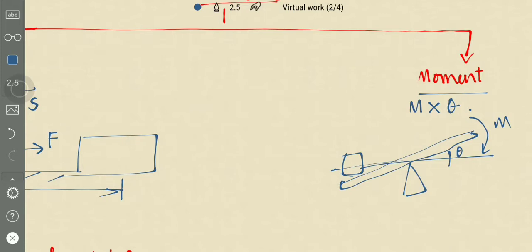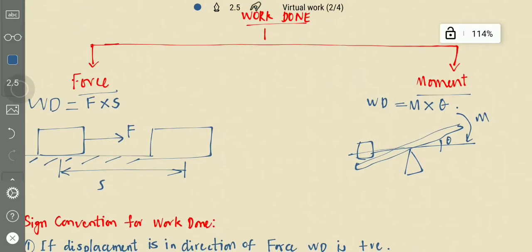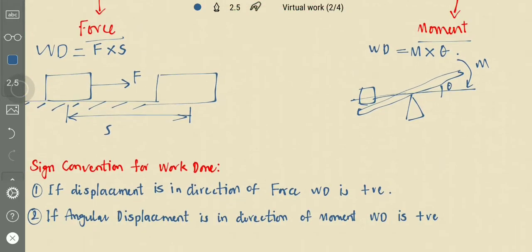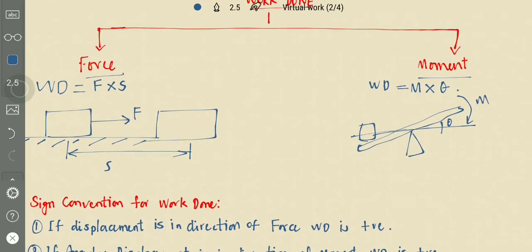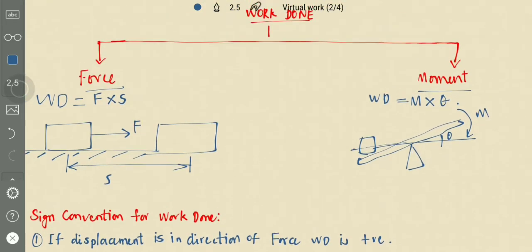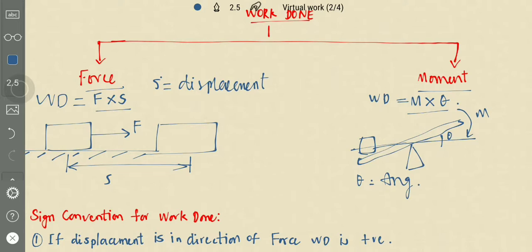If this rotates through angle theta, then the work done by the moment is given by moment into this angle theta. This theta is called angular displacement. So work done in the case of force is force into displacement, and work done in the case of moment is moment into angular displacement. Here s is displacement and here theta is angular displacement.